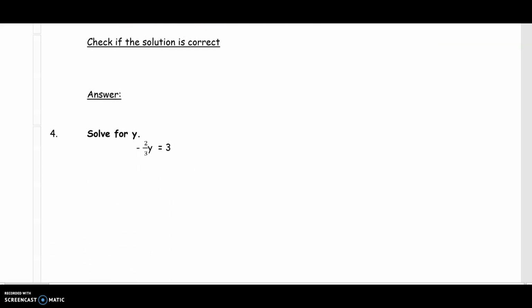Now same thing here. If I want to solve for y, I could multiply both sides with the reciprocal of negative 2/3, which is negative 3/2. So I multiply both sides with negative 3/2. Both sides have to be multiplied with negative 3/2.